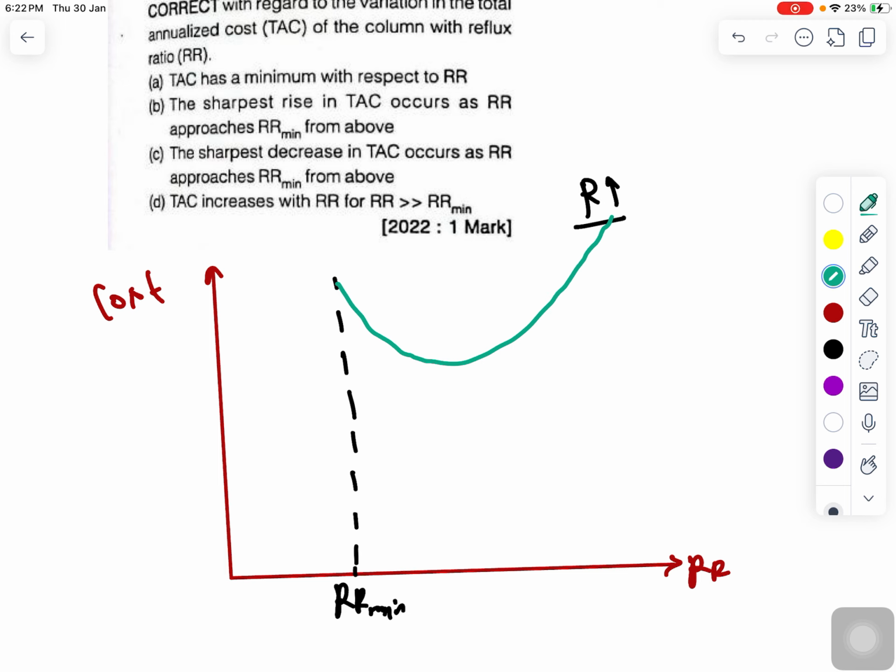Because initially it will decrease, and when it reaches the minimum, the optimum value, after that again, due to the increase in the diameter of the column, your fixed capital is increasing. So this is your fixed capital investment. Now when we talk about the operating capital, the operating capital will always increase, right? So let's say I have to shift this curve.